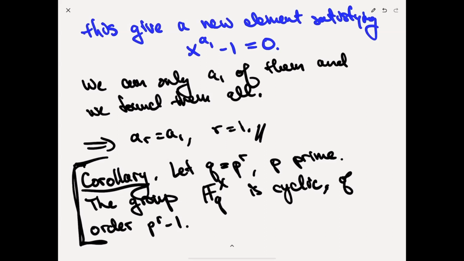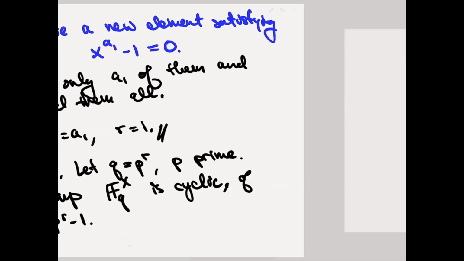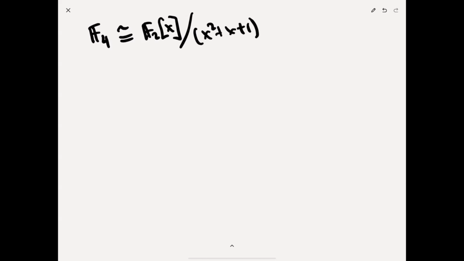which is not obvious. So in particular, if we took F4, this was isomorphic to F2[x] mod x squared plus x plus 1, right? Well, this one we didn't know because 4 minus 1 is 3. But that's kind of silly because there's only one group of order 3, right?